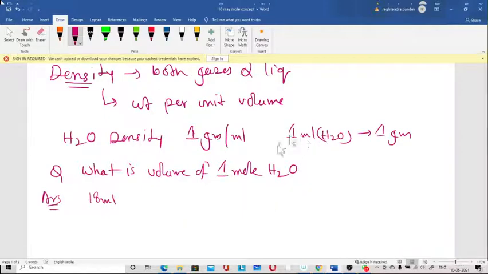Because the density is 1 gram per ml, which means 1 gram is contained in 1 ml. 1 mole of water is 18 gram, so 18 gram corresponds to 18 ml of volume.